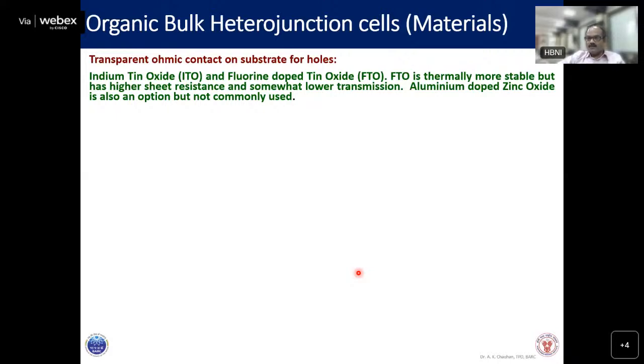FTO is thermally more stable but has higher sheet resistance and somewhat lower transmission. Aluminum doped zinc oxide is also an option, but it is not very commonly used. The most common materials are ITO and FTO. These are transparent materials, but at the same time conducting also.